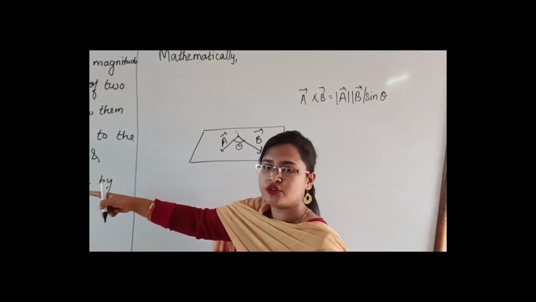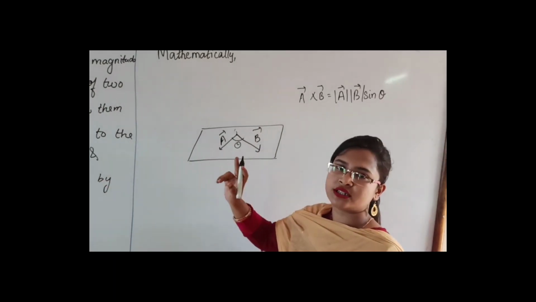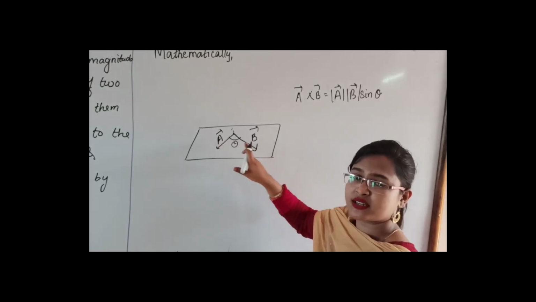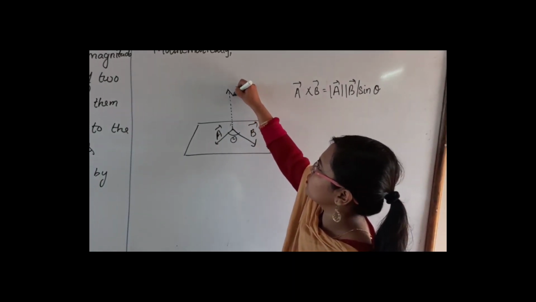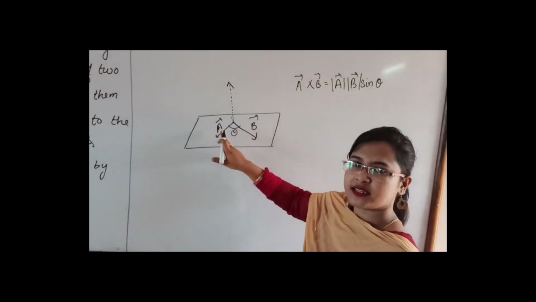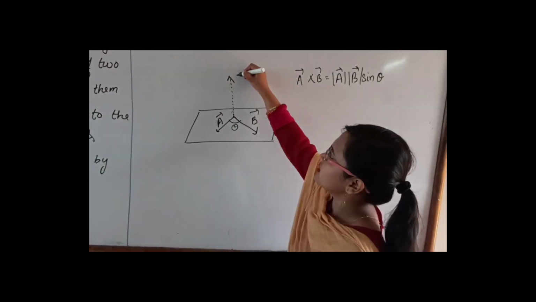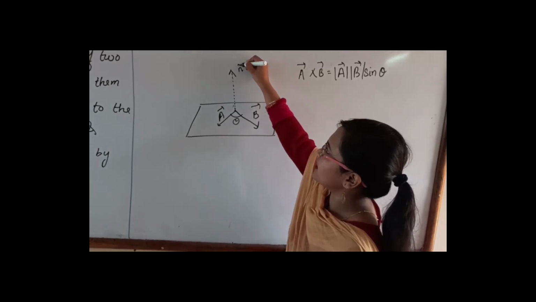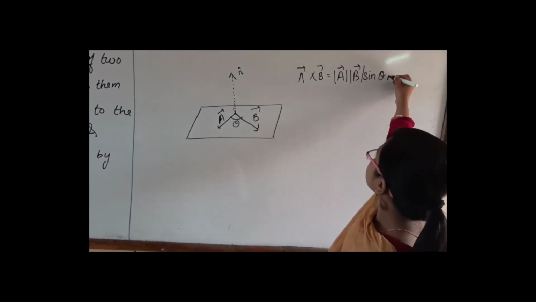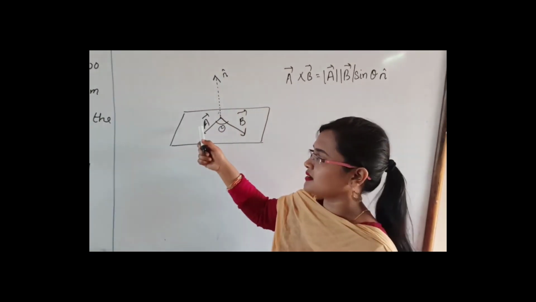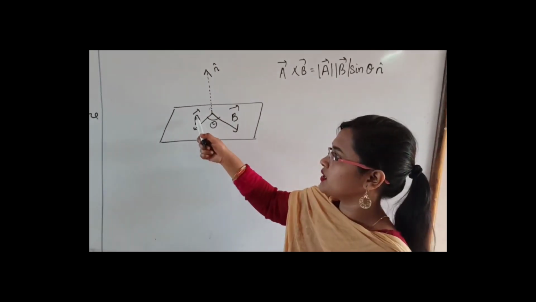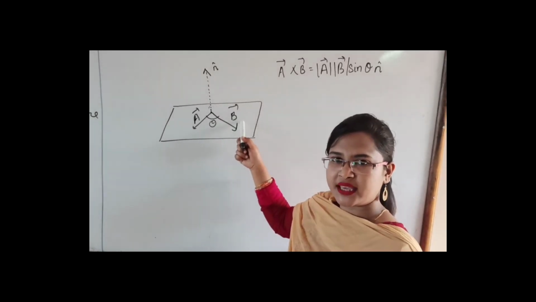I already told you the direction will be perpendicular to the plane containing vector A and vector B. This is represented by n cap. What is n cap? n cap is the unit vector which determines the direction of the cross product of vector A and vector B. Clear?